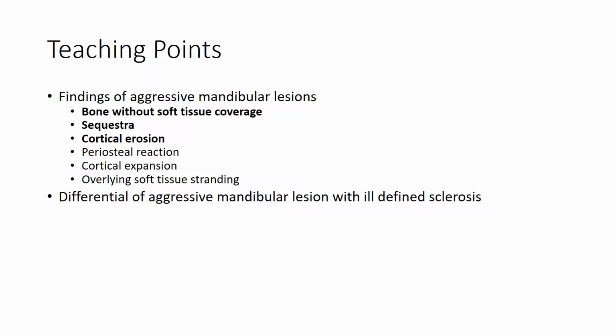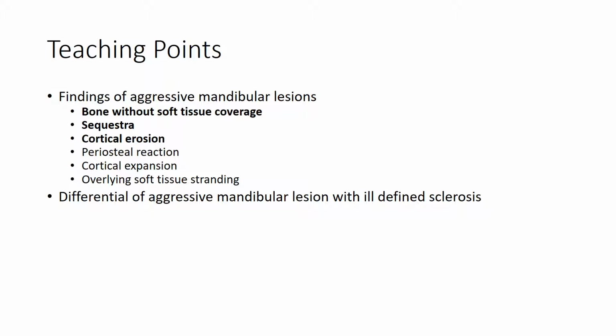So again, the differential of an aggressive mandibular lesion with ill-defined sclerosis. And so I want to make sure it's clear that this is for ill-defined areas of sclerosis with erosion. If you see a big round mass with a break in the cortex, that's a different differential. Infection doesn't create a nice round mass-like structure.